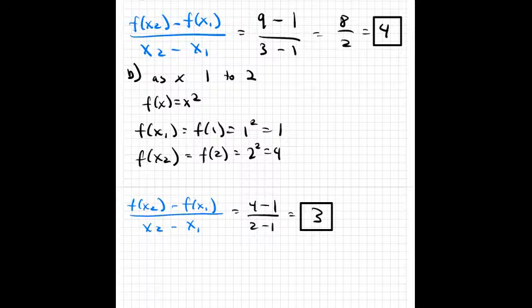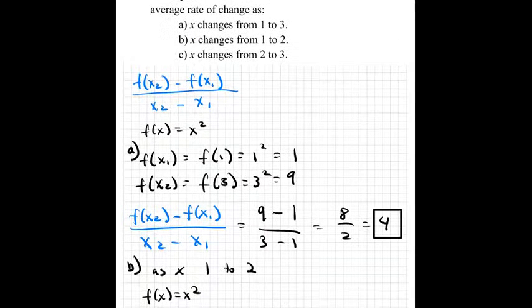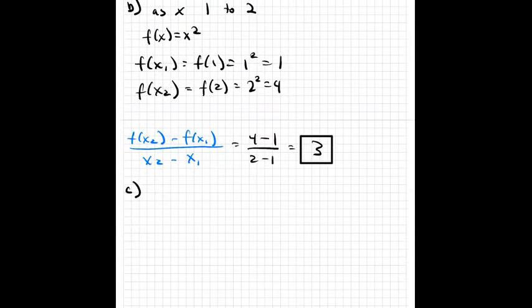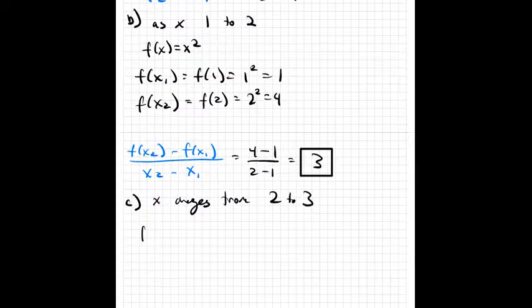And then C, as x changes from 2 to 3. Okay. So then we're still working with f of x equals x squared. f of x1 in this case is going to be f of 2.